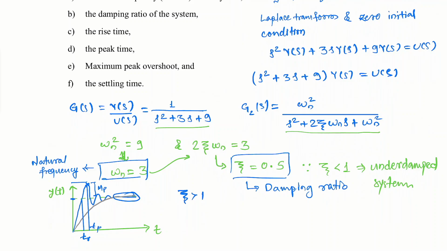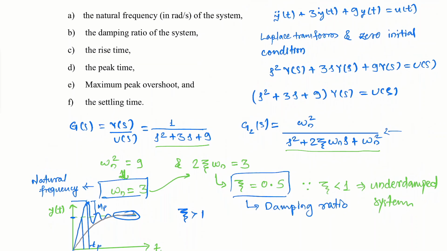So let's take a general second order system and quickly try to derive the expressions for rise time and peak time.